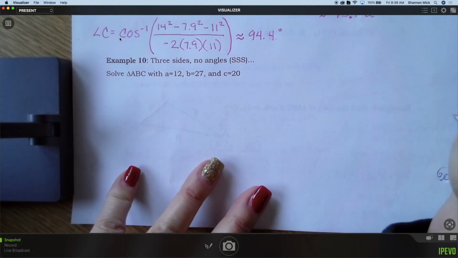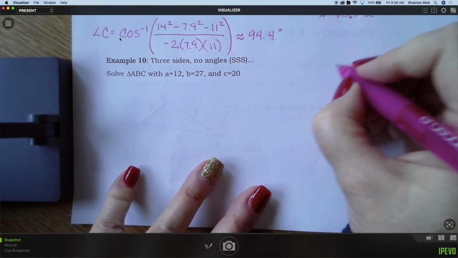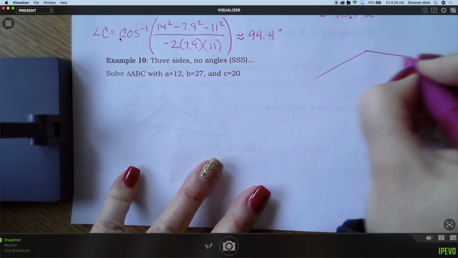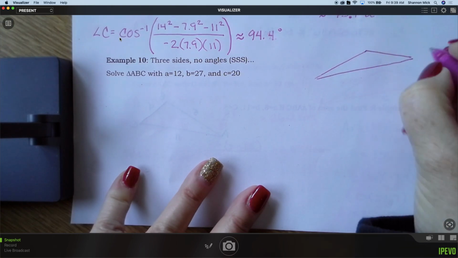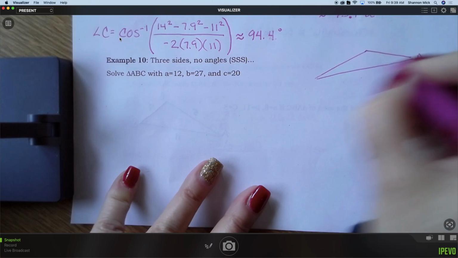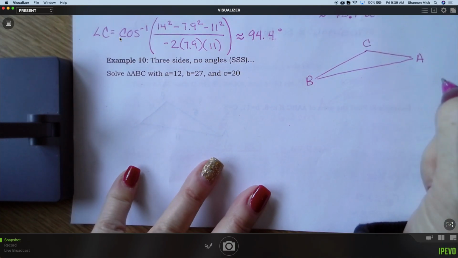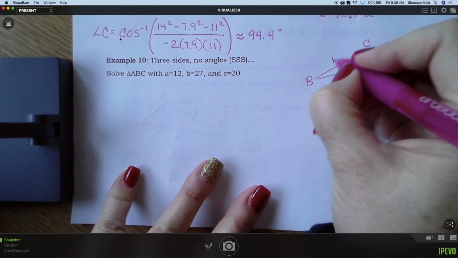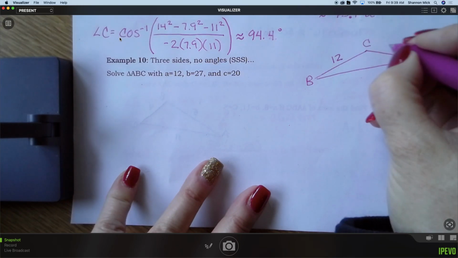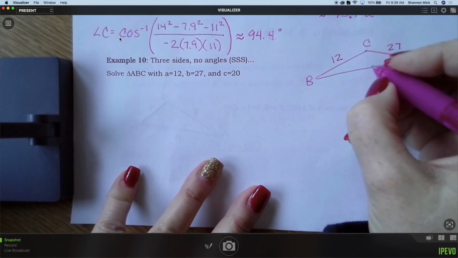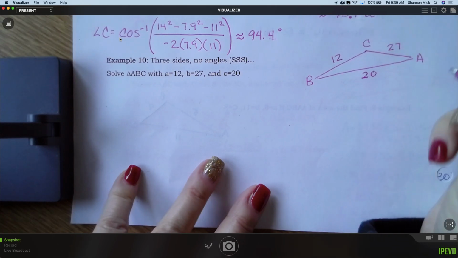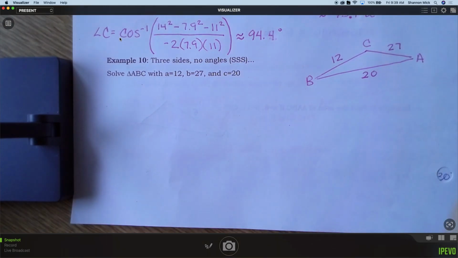Okay, first thing, what do I do? Draw my triangle. Yep, there's no angles. So I've got what, 12? And I changed up my triangle because I get stuck in a rut, and then I make mistakes when the picture's different, so I try to switch it up.